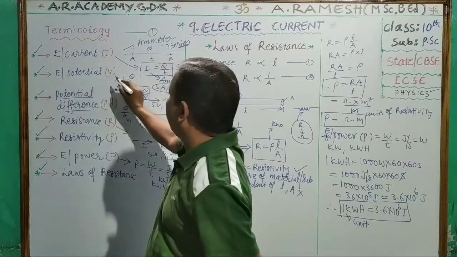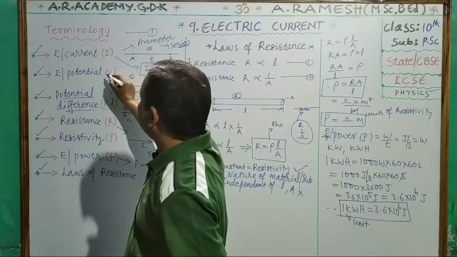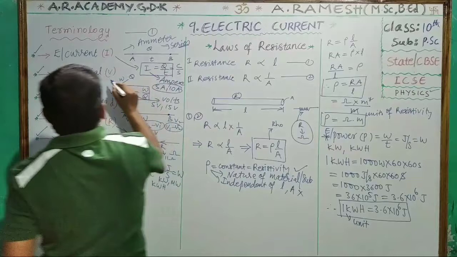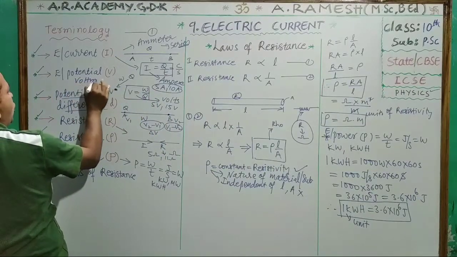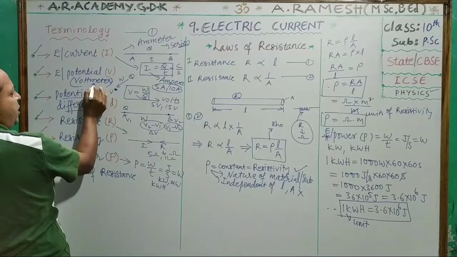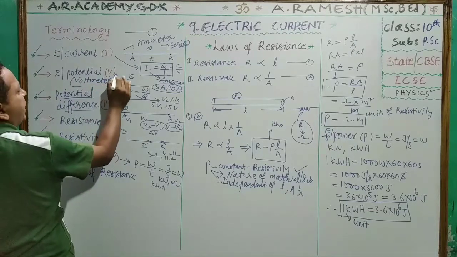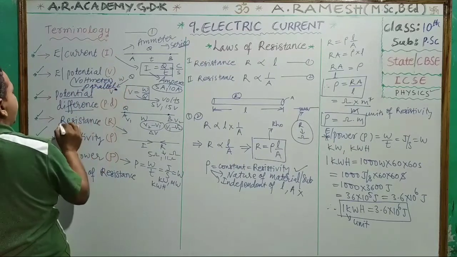Electrical potential V and its units, volts, we discussed. Potential difference is measured with a voltmeter, which is connected in parallel in the circuit.